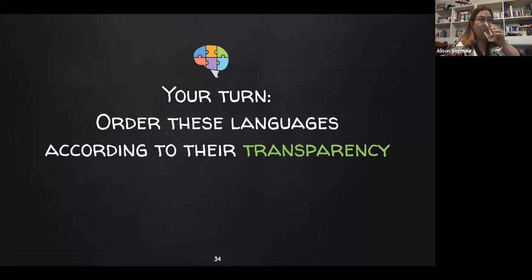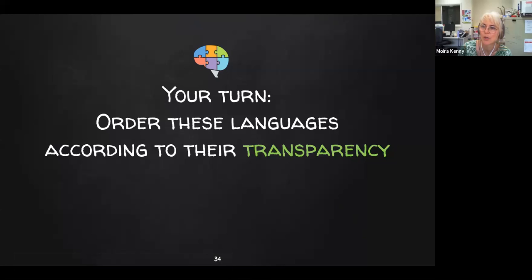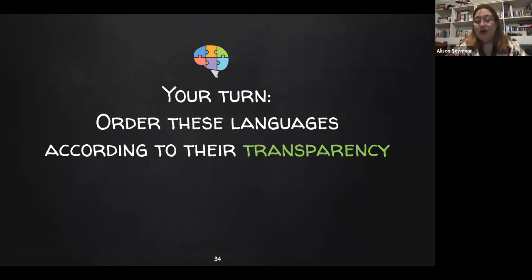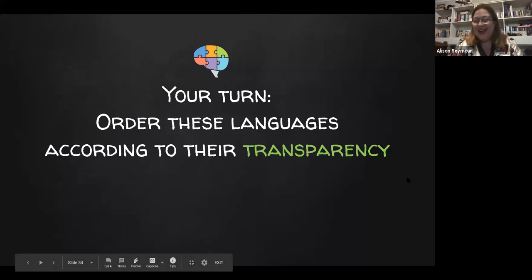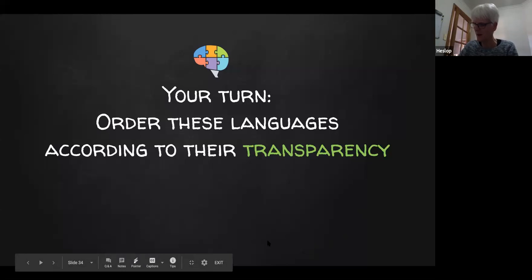It also looks as it sounds. There are no hidden meanings or anything. And the least transparent? We thought Chinese, Hindi, we weren't sure, one of those. I even thought English. Yeah, we put English pretty far down the bottom there.